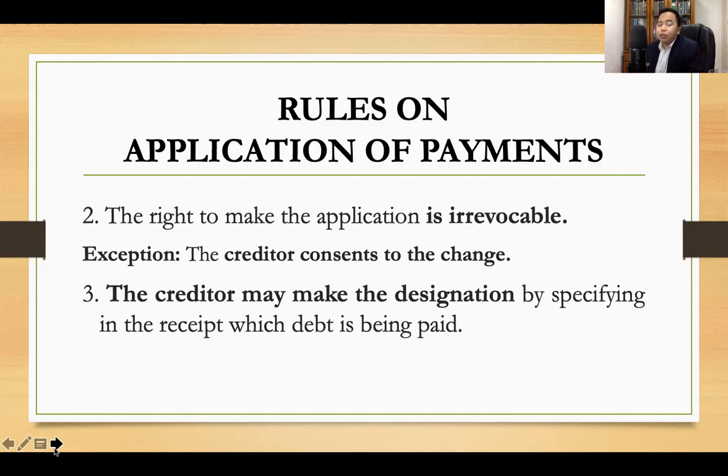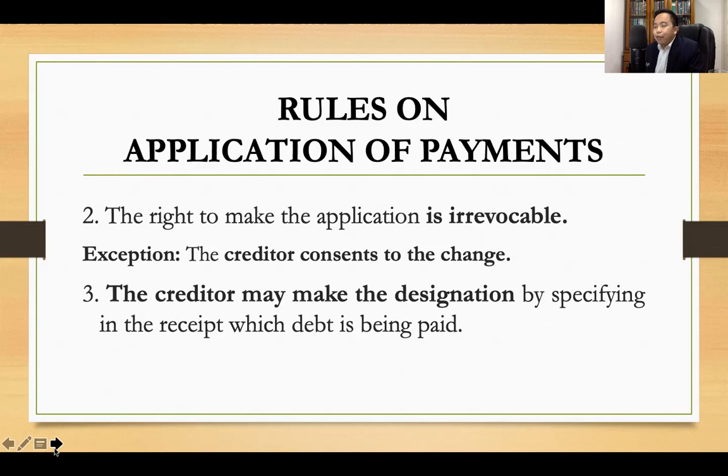Now, as a general rule, class, who between the debtor and the creditor has the right to make application of payments? Is it the debtor? Is it the creditor, or either of them? The answer is it is the option of the debtor.